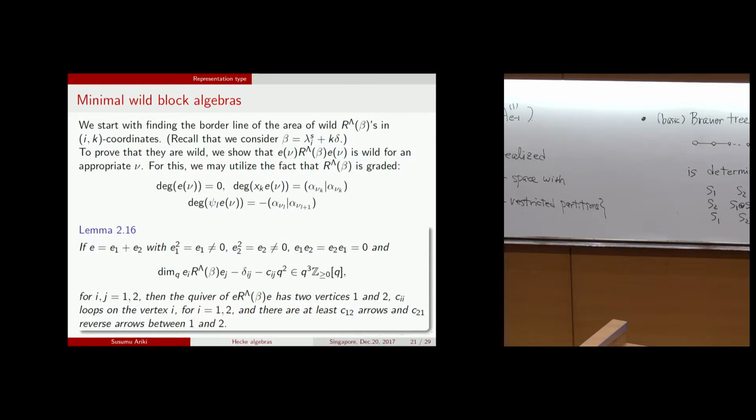So if we can compute these q-dimensions, it is easy to get some information on the Gabriel quiver of this idempotent truncation of R lambda beta.